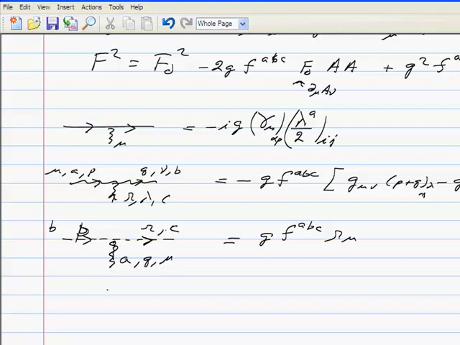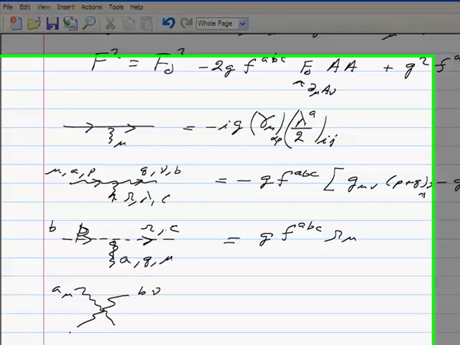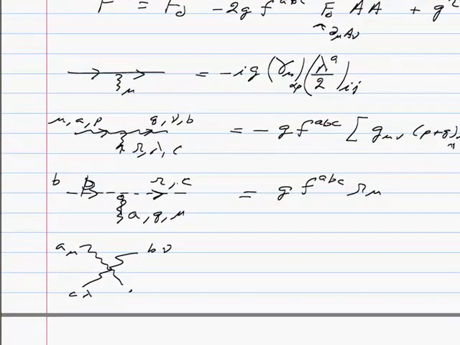And lastly, I won't write out all the terms, but just to show you what they sort of look like. There's some A mu, B nu, C lambda, D sigma.